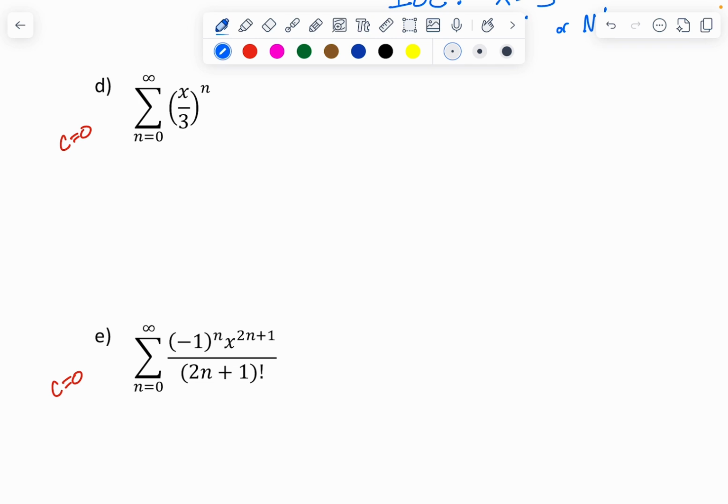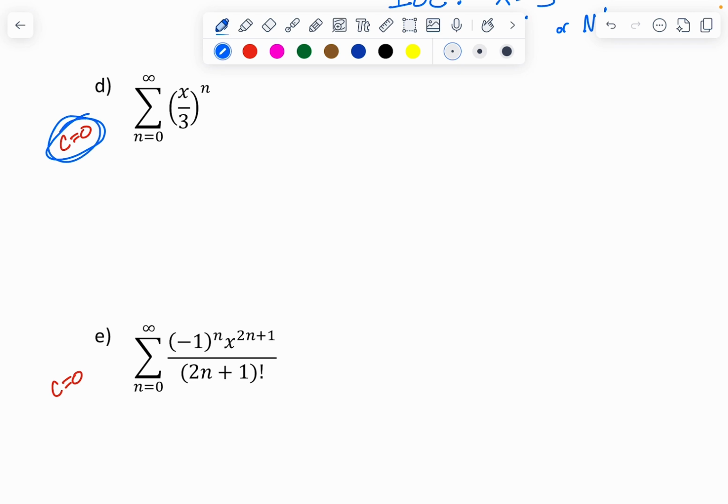I'm going to leave D and E for you guys to try and come in with questions tomorrow. I will say that the interval of convergence for this one is going to be an interval. It is definitely centered at 0.